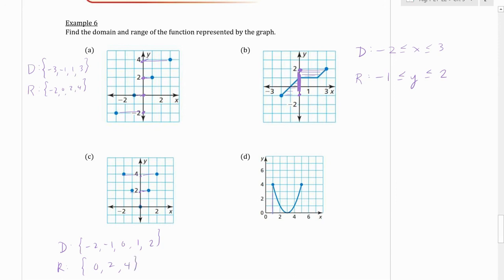Squish them to the x. It's going to cover from there to there. So domain is 1 to 5. Range. Squish all these points to the y-axis. It's going to completely cover from 0 to 4.